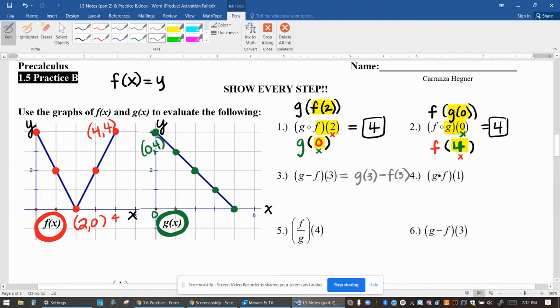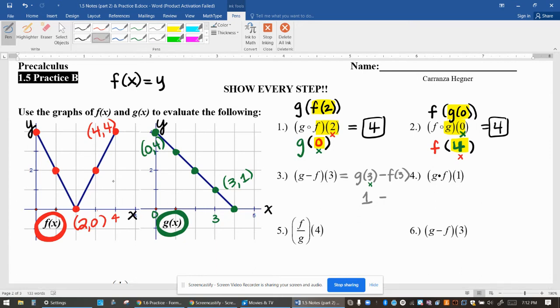So I'm going to look at my graph and look for the x value for the g function of 3. So 0, 1, 2, 3. That ordered pair is 3, 1. They gave me the x. My job is to give them the y. So the y value is 1.